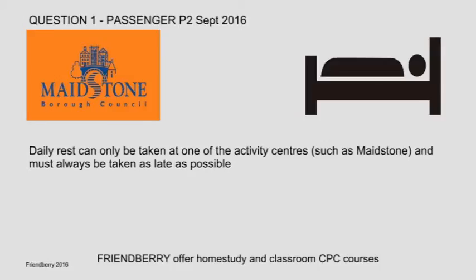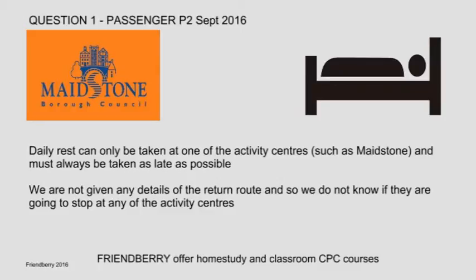Daily rest can only be taken at one of the activity centres, such as Maidstone, and must always be taken as late as possible. We are not given any details of the return route, so do not know if they are going to stop at any of the activity centres.